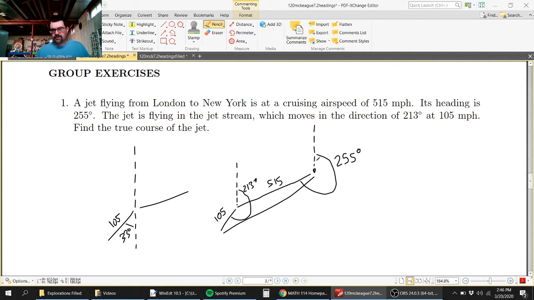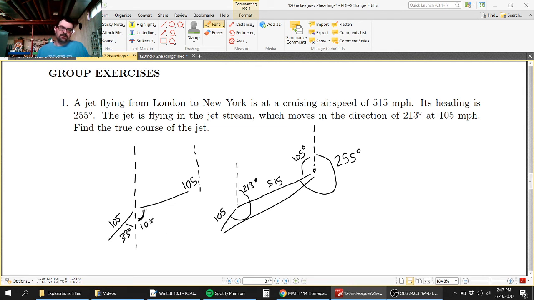Now, 255, if we go all the way around, it's 360, which means right in here would be the rest of the way. So 360 minus 255, we get 105 right there. And if you look closely, here's that other dashed line, the 105 is right here, and that's an alternate interior angle with this one.